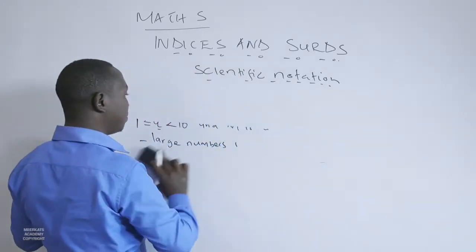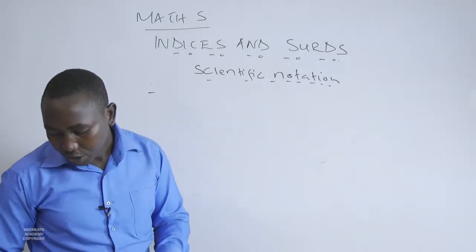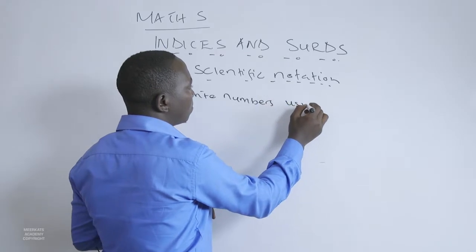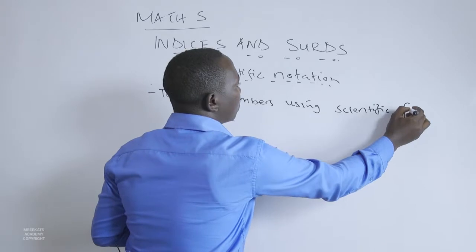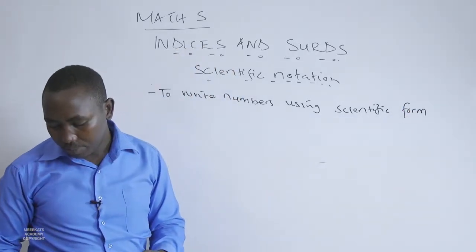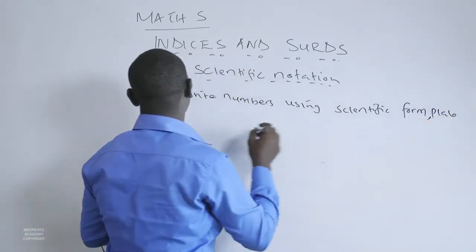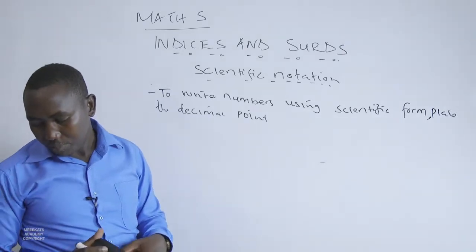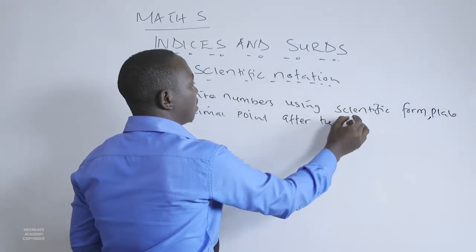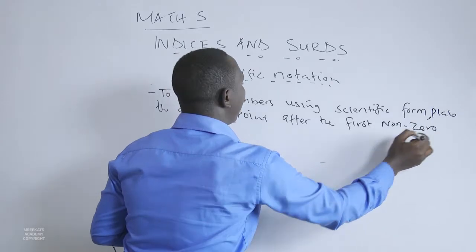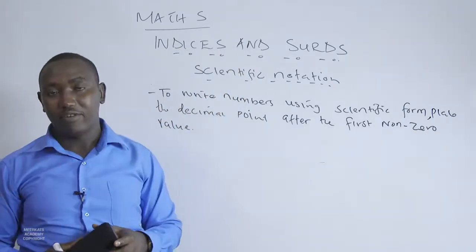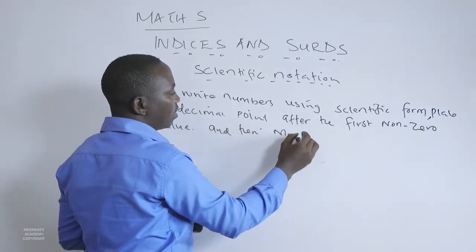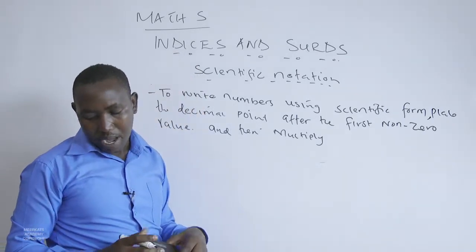Another concern, to write numbers using scientific notation, you place the decimal point after the first non-zero value and then multiply by a power of 10.